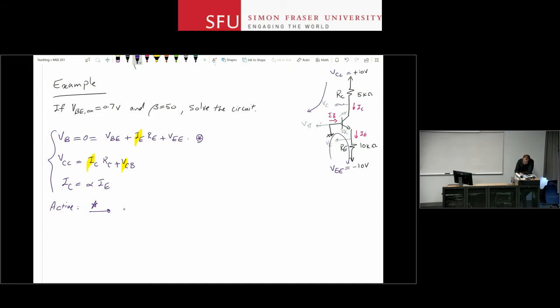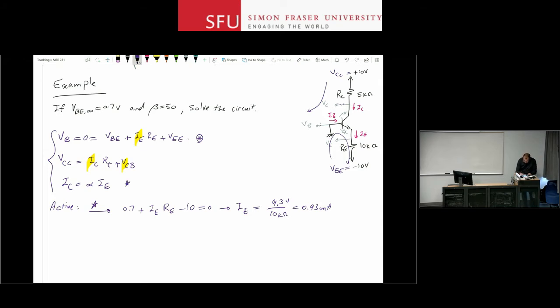So 0.7 plus IE RE minus 10 is 0. And from here I can see that IE is in fact 9.3 divided by 10 kilo ohm, and that's 0.93 milliamps. Okay, so I determined IE.